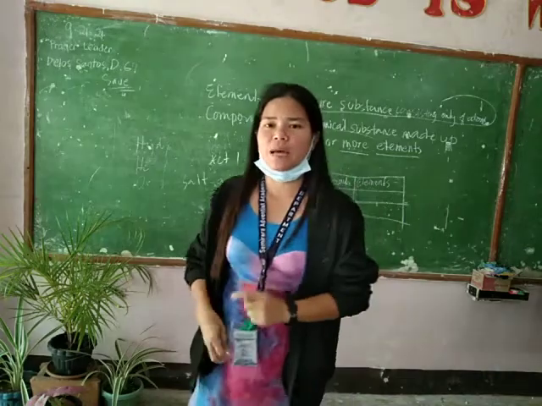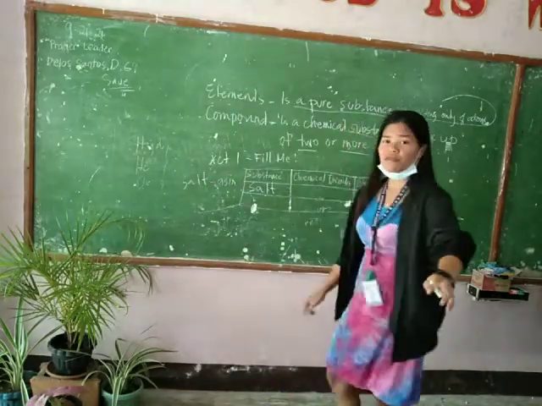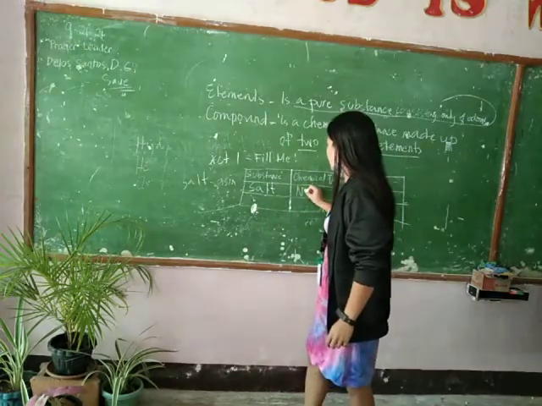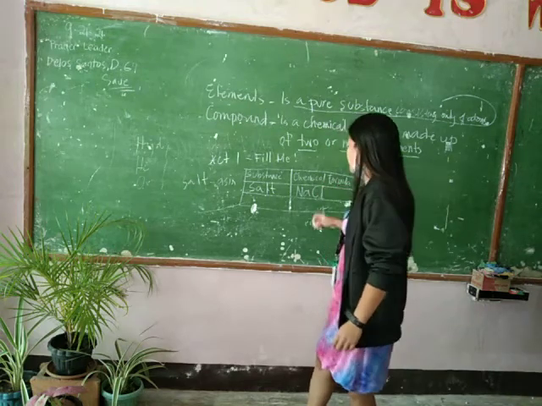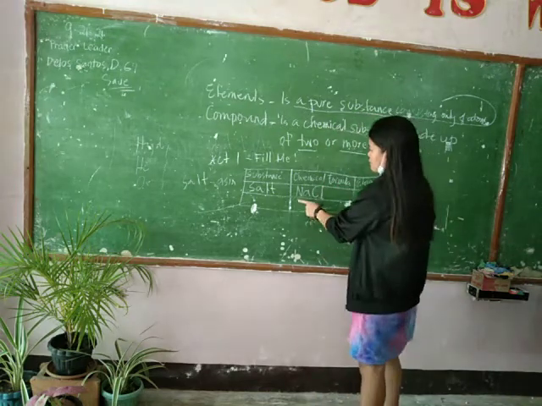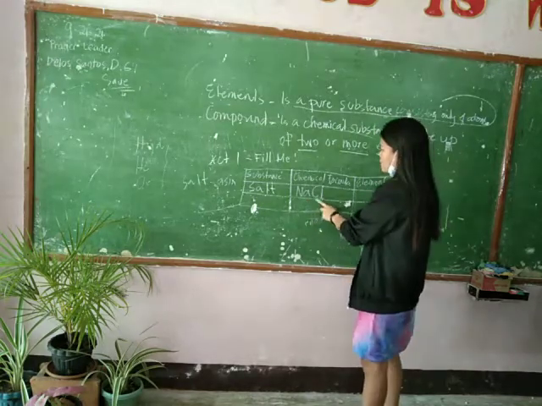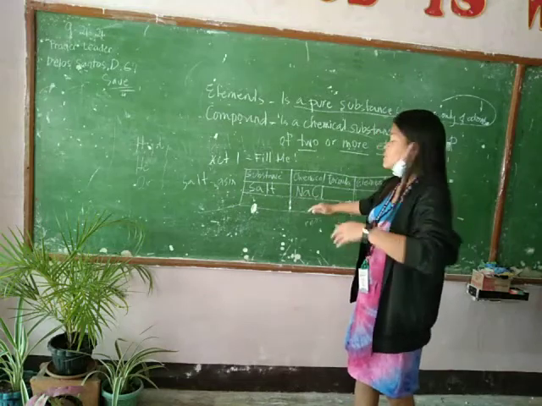Now, first substance is salt. Ano ba itong salt? So, the chemical formula of salt ay tinatawag na NaCl. Malaking letter N and small letter a, big letter C and small letter l. So, ano itong tinatawag na Na and Cl?